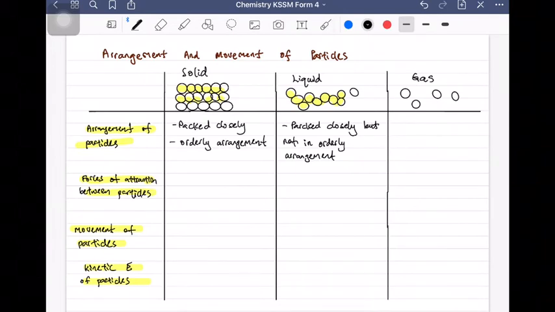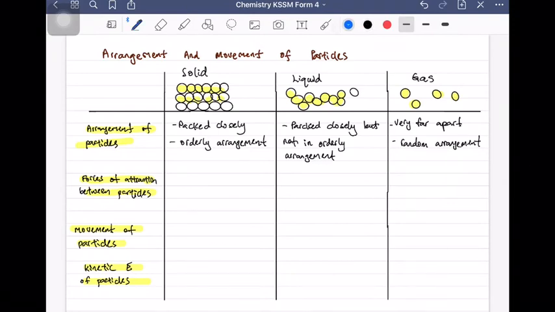And in gas, it is very obvious the particles are very far apart from each other, and they are in random arrangement.